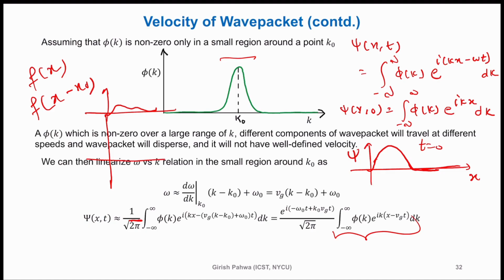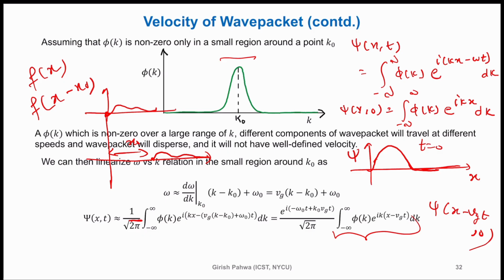You simply displace the origin to x equal to x naught and draw the same function again. It's the identical function, but shifted by x naught. What about this? When you go from here to here, it's a function of x, but I can write this as psi x minus Vg t, comma 0.